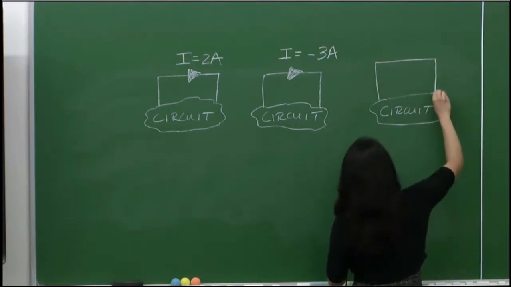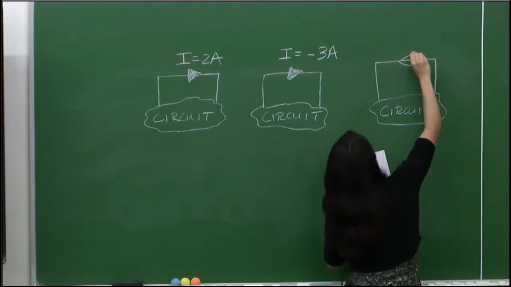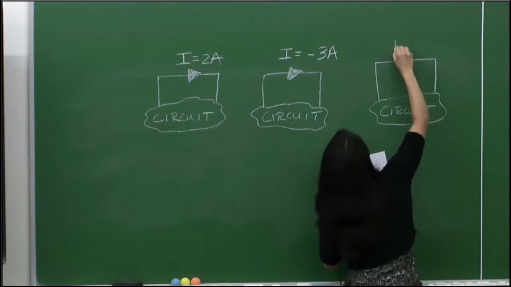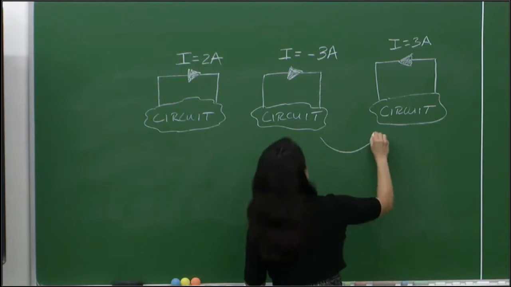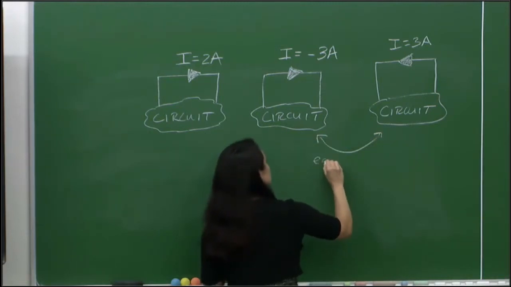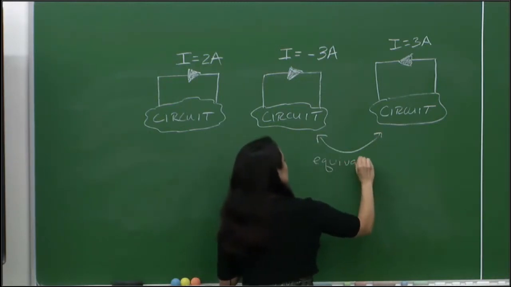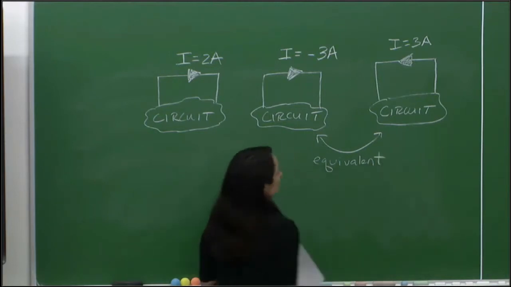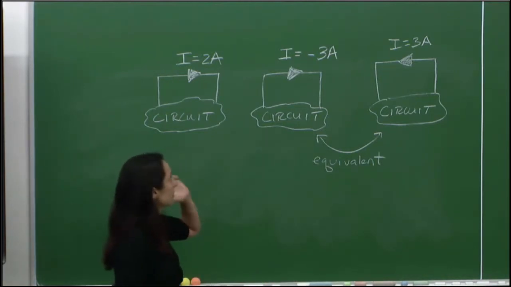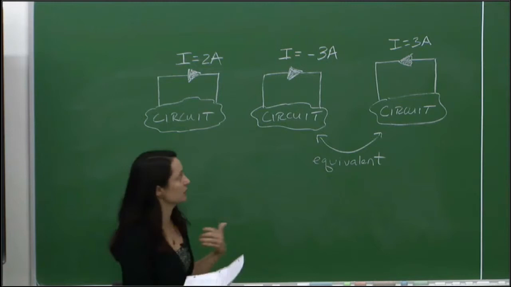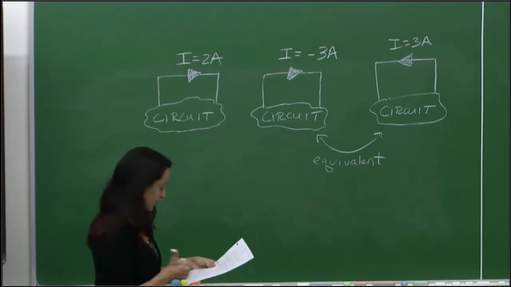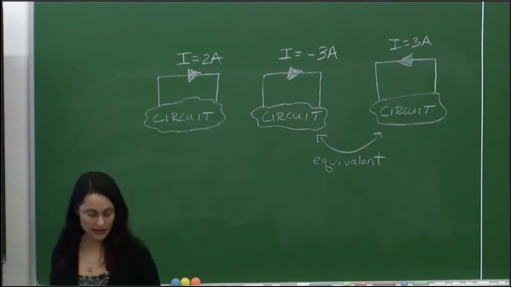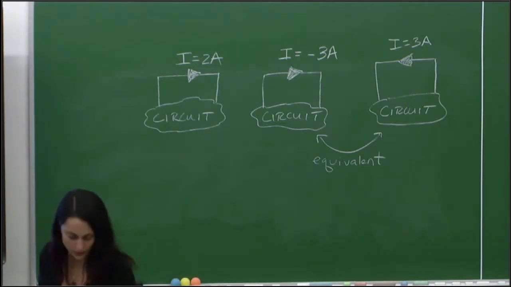An equivalent circuit is if I had the current flow drawn this way and said this is +3 amps, so that you can recognize these 2 things are equivalent, because we're dealing with vector quantities of the amount of flow and the flow direction, with the signs for negative versus positive. So vector quantities, magnitude and direction.